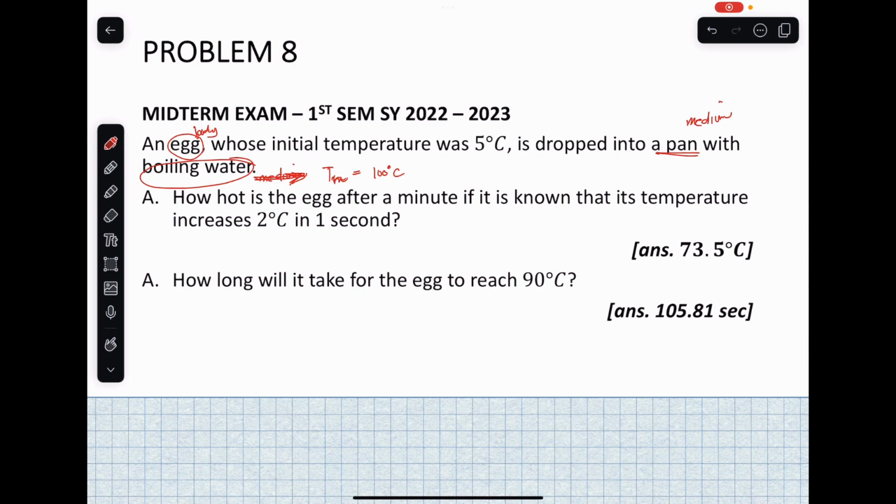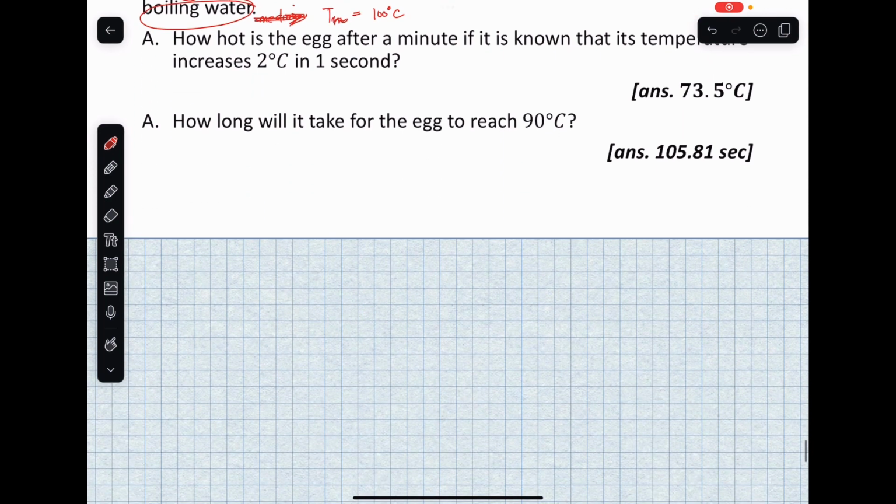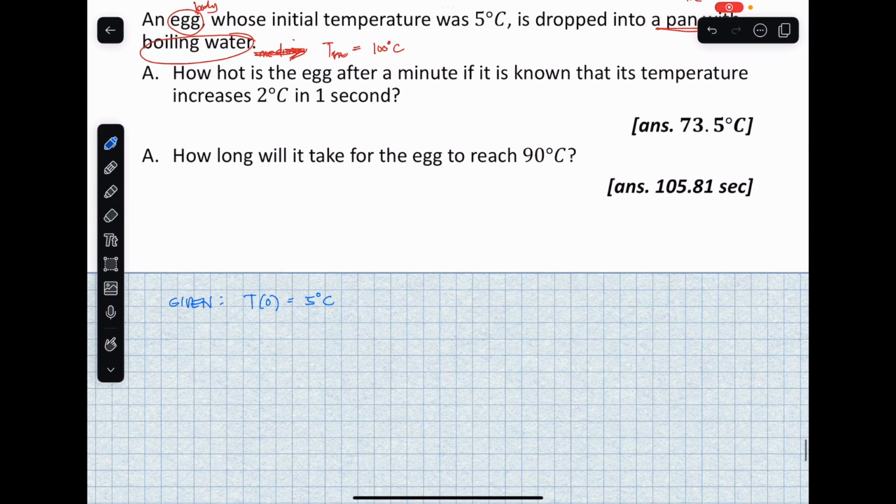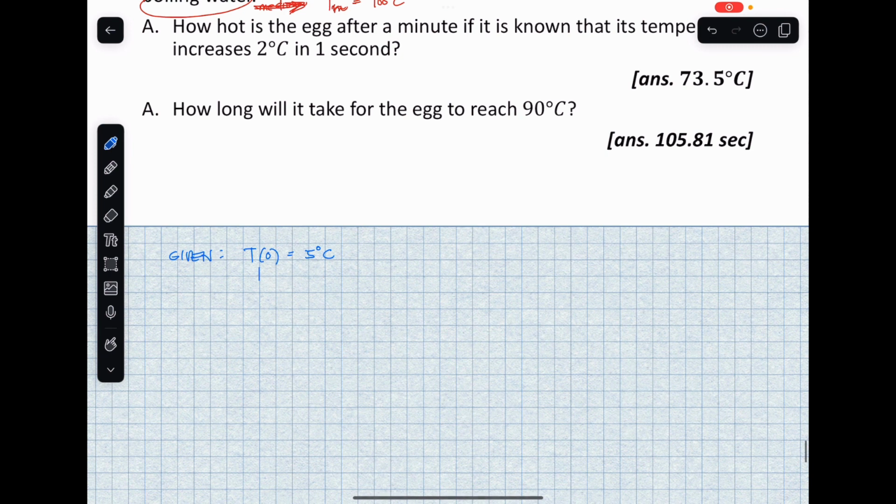So for our given, initially at time equals 0, the egg is measured to be 5 degrees Celsius, and the temperature of the pan is 100 degrees Celsius. For our requirement, how hot is the egg after 1 minute?